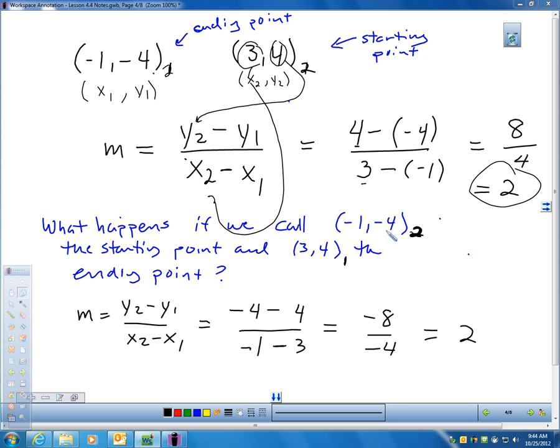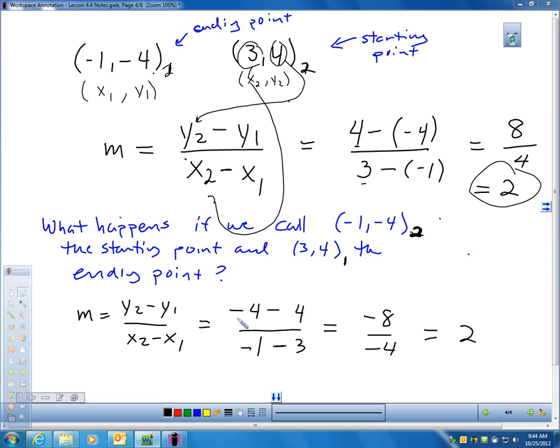Let me say it again. -4 is y sub 2, that would go here. -1 is x sub 2, and that would go here. 3 is x sub 1, that would go here. And 4 is y sub 1, which would go here.